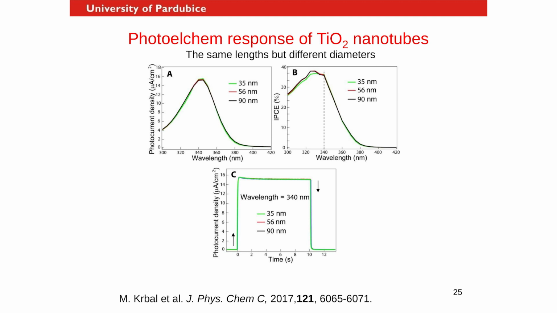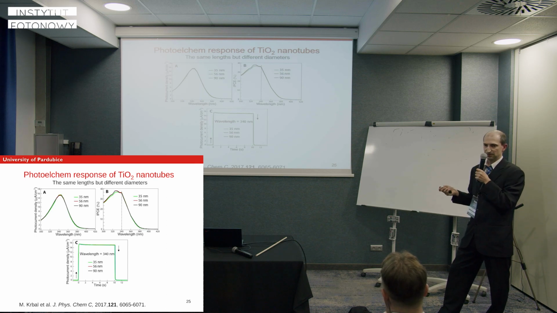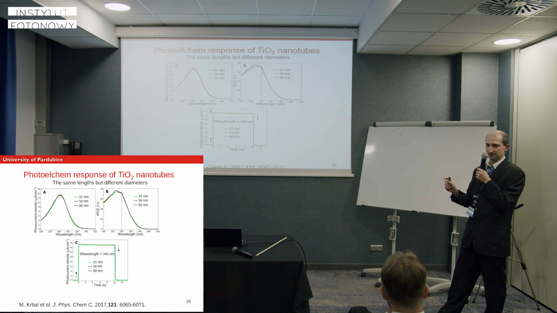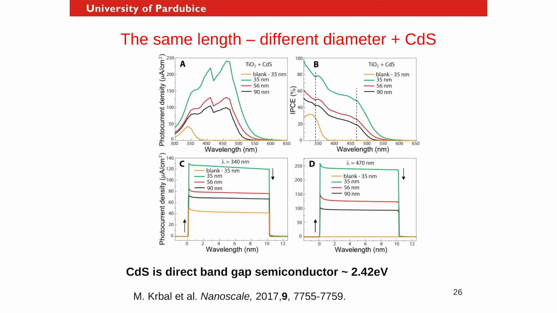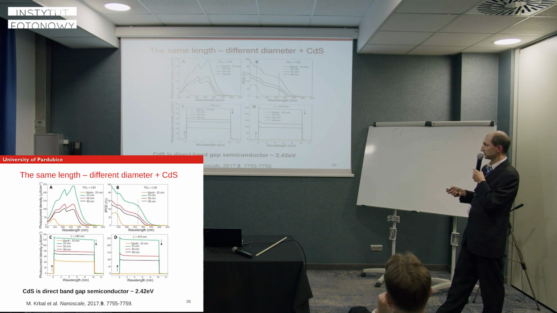This is the photochemical response of pure titanium as a support. You can see that there is no difference whether you use a titanium tube with a diameter of 35, 56, or 90 nanometers. But with cadmium sulfide, the story is different. This is the reference blank tube, and this is with tubes with a diameter of 90, 56, and 35.